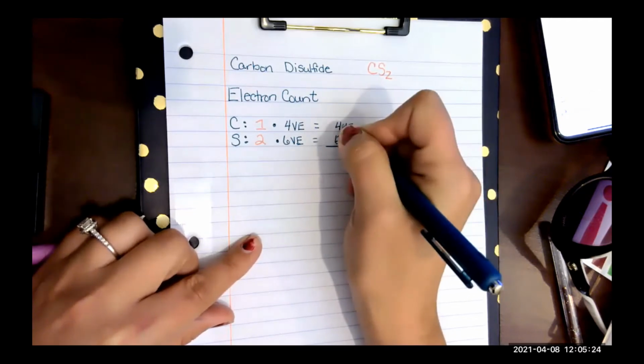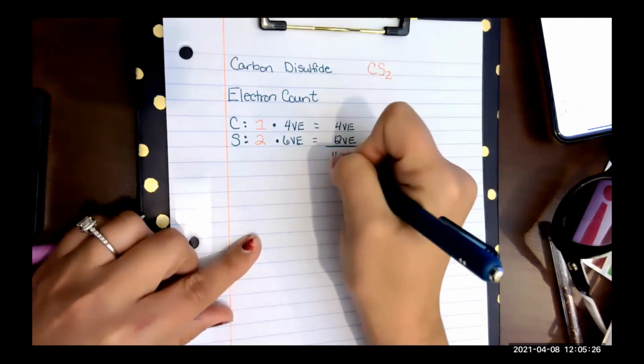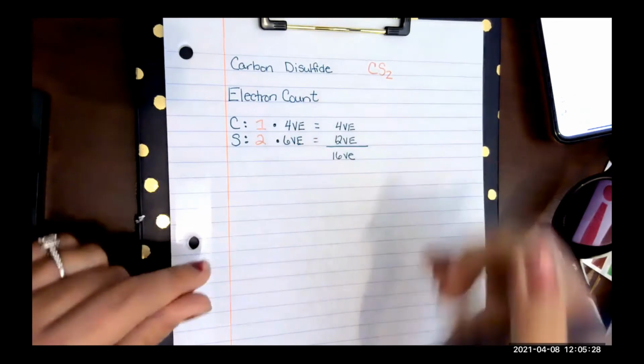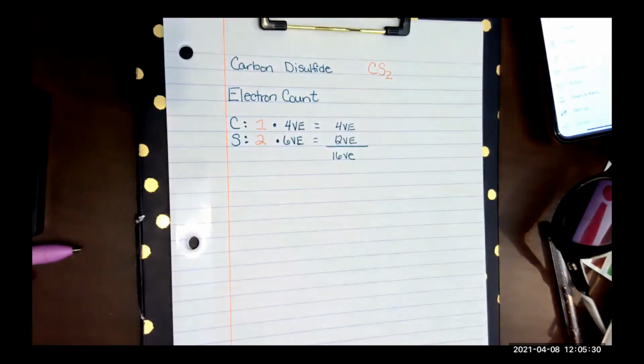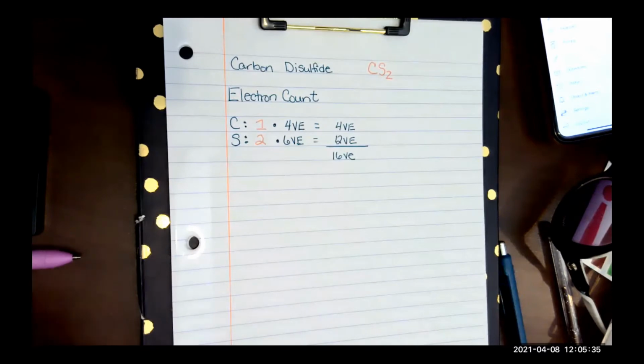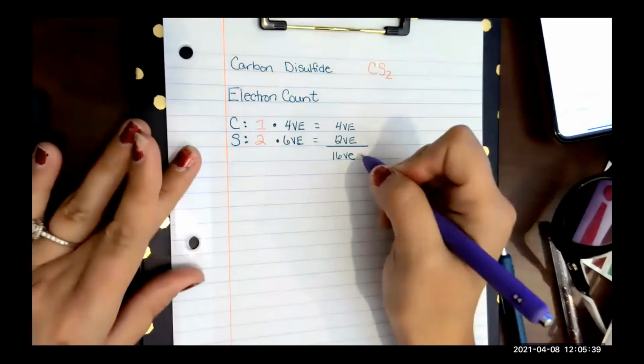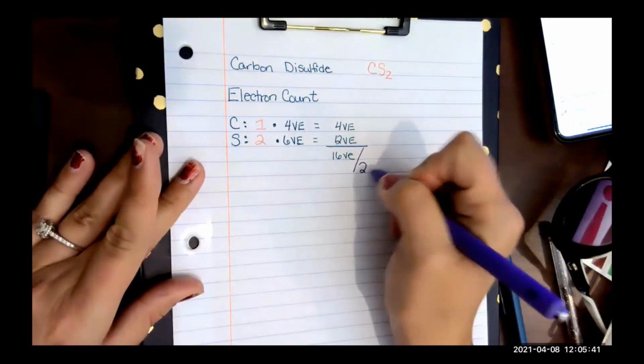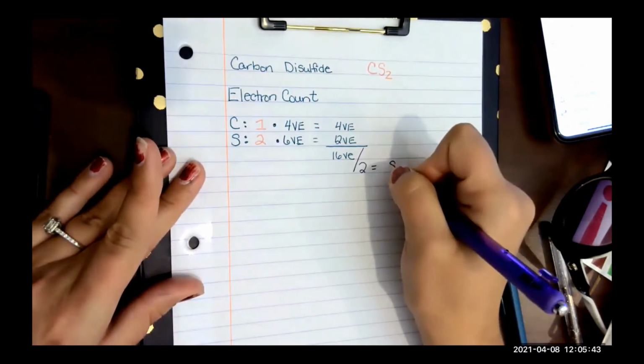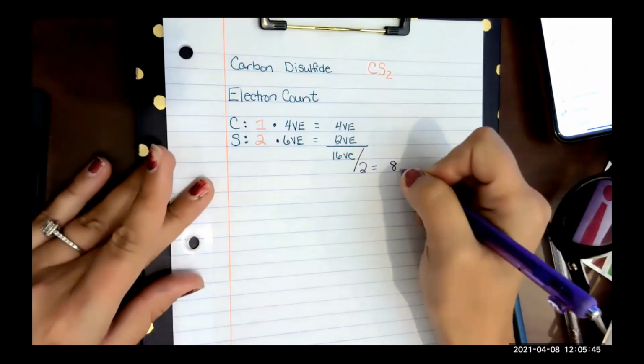So we have a total of 4 plus 12, which gives me 16 valence electrons. That's great that we know the total valence electrons, but what we really care about are the pairs. So you divide by 2, and you end up with 8 electron pairs.